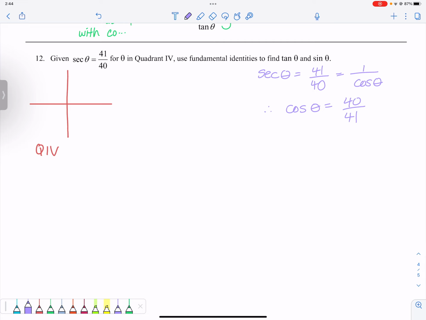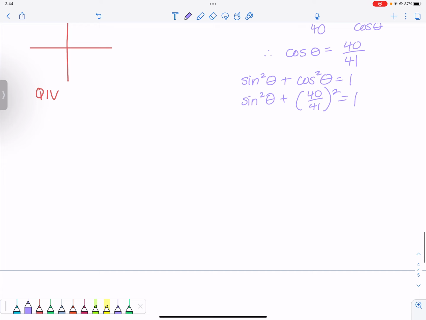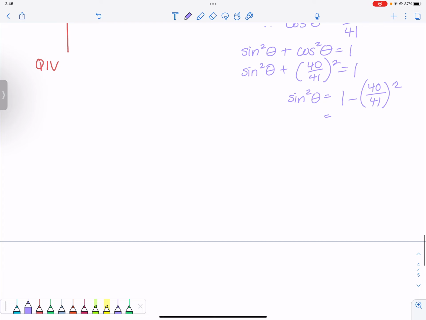Okay, so we do need to know that. And we can now have that the sine squared of theta plus the cosine squared of theta is equal to 1. And you may need your calculator for this, or you might be able to follow along. And if you work that out, you'll have 1 minus 1600 divided by 1681.